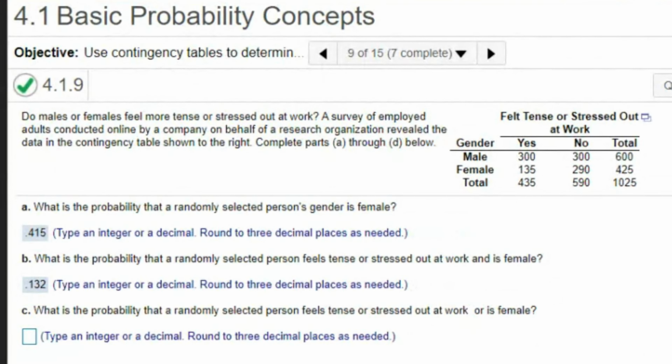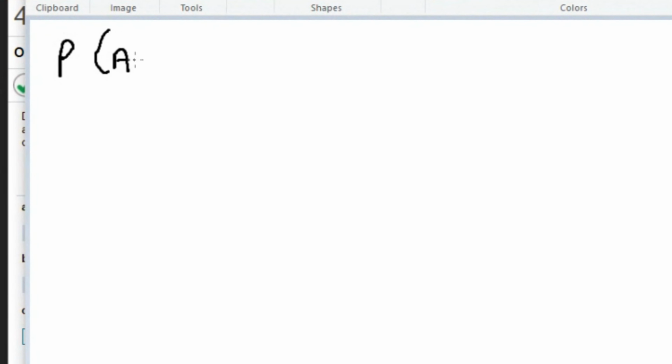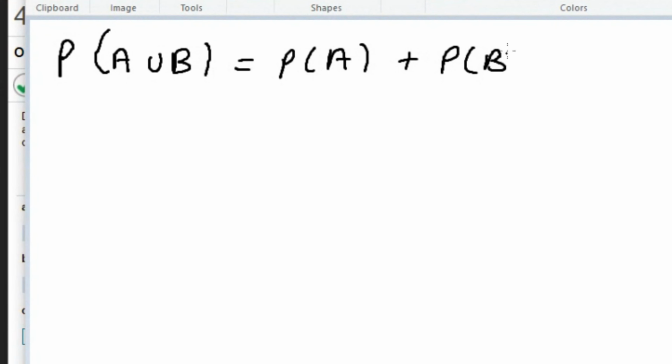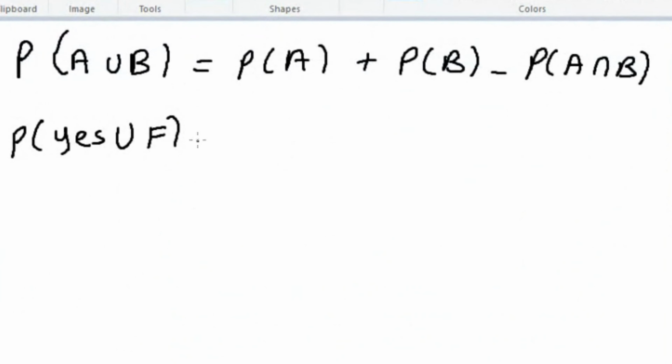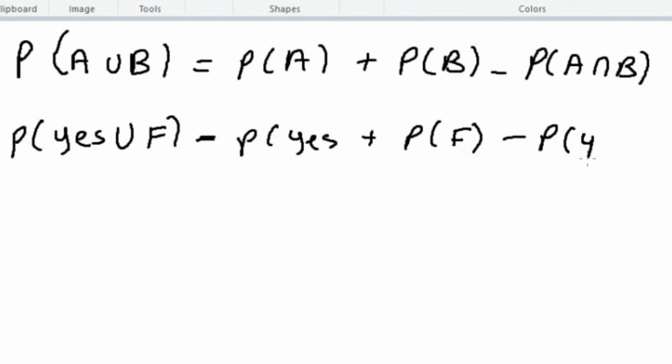The probability of A union B is equal to the probability of A plus the probability of B minus the probability of the intersection of A and B. In this problem, we want to know the probability of yes or female, right? So that would be the probability of yes plus the probability of female minus the probability of the intersection of yes and female.